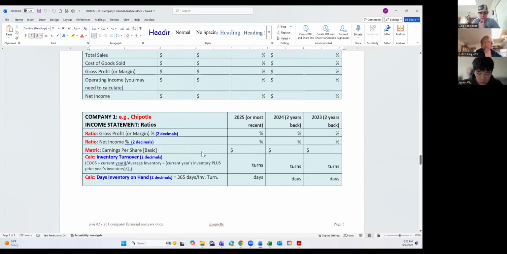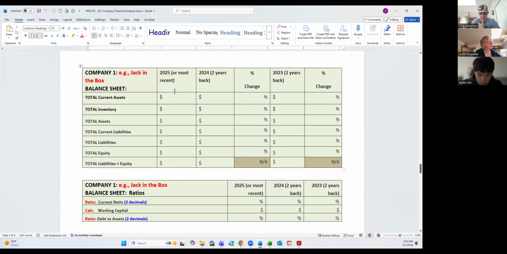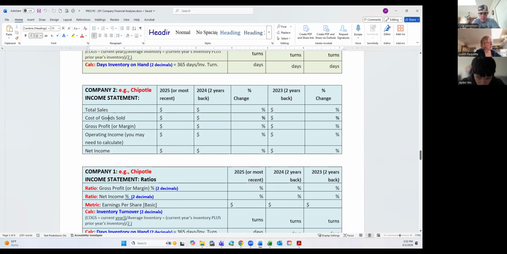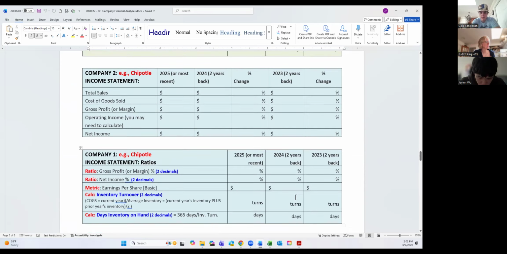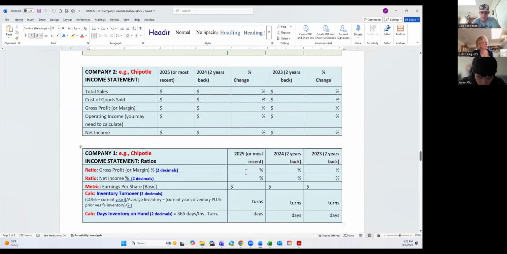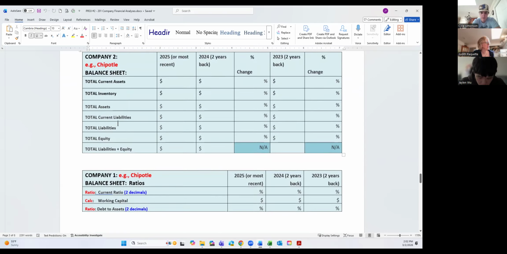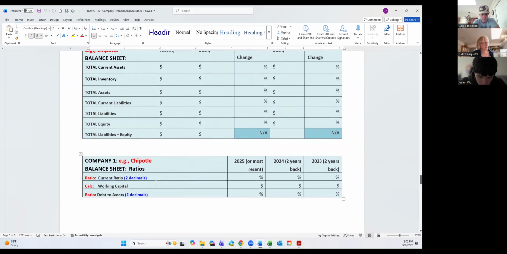Here's your income statement: sales, gross profit, net income, and this is what we call a horizontal analysis, three years running. Then three years of key ratios. And then the balance sheet, we have a lot of balance sheet items, and then current ratio, working capital, and so forth.